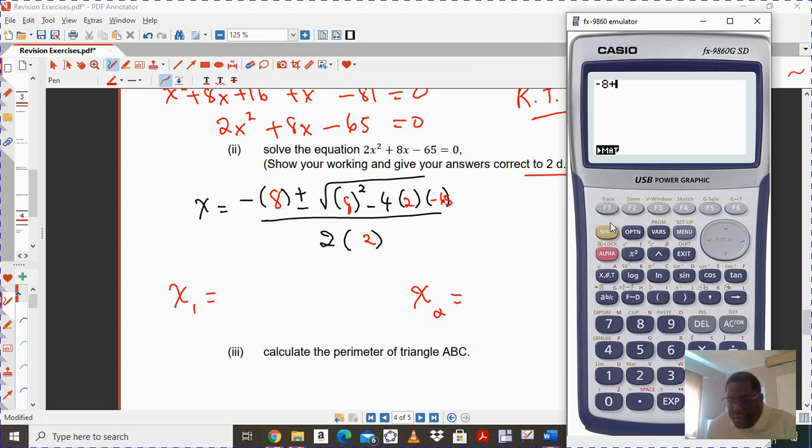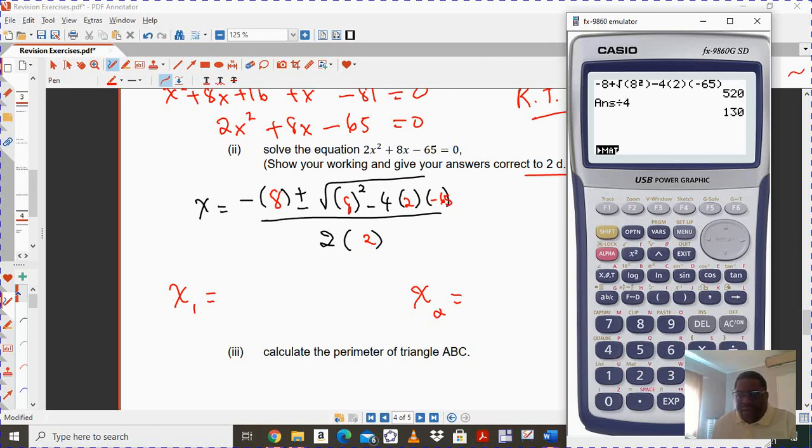Now the root is shift here, and I have this calculator, so I'm going to have to tell the calculator what to do. Okay, minus 4 times 2 times negative 65. Okay, and you get a value there which is 520. And then I'm going to divide that by 4.